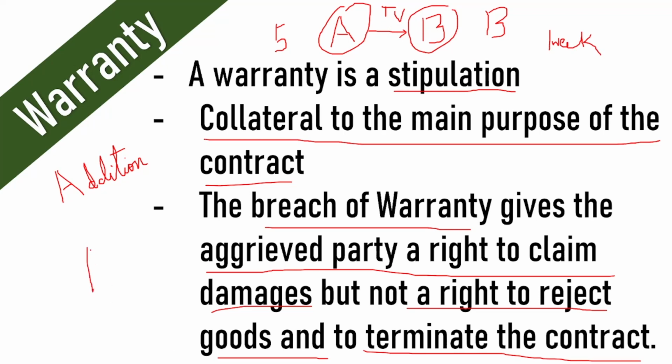This B has the right to claim the damages from A. Whatever the damages have happened, it can claim from A, but not a right to reject the goods. It cannot say that I don't want the TV, or that I will terminate the contract. No, it can only have the right to claim the damages.